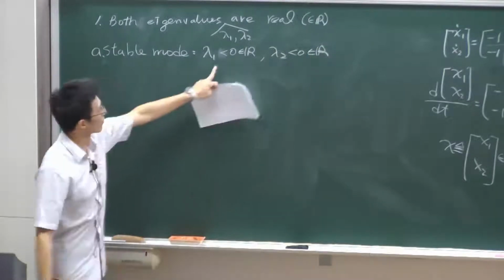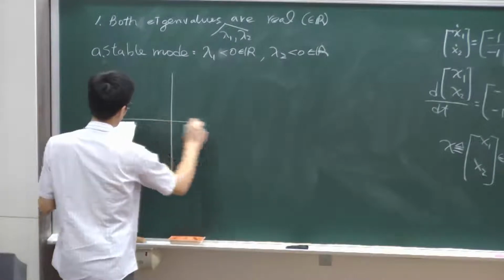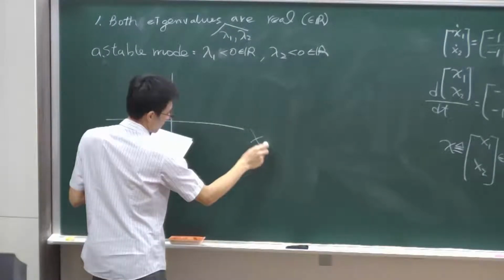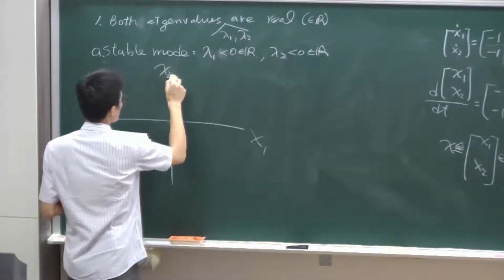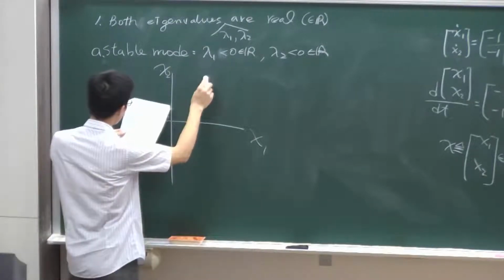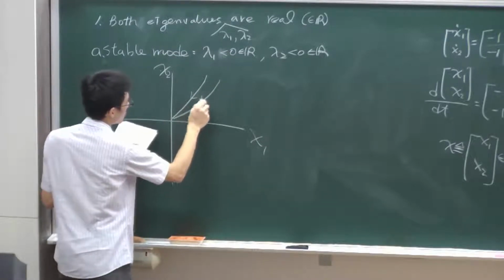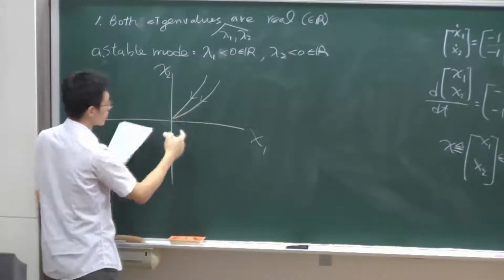Both are real numbers and both are negative. And the phase portrait is a stable mode, and the phase portrait will be something like this. Just one example.